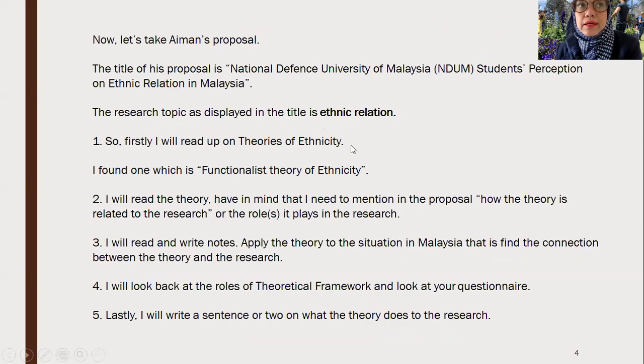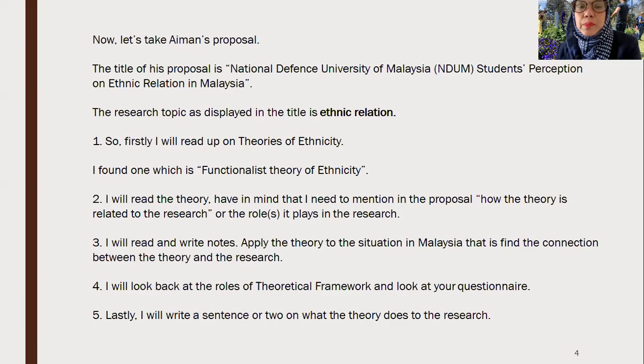I'm sure you want to see what I've just explained to you clearly. So I hope by giving you an example, it explains the usage and where the theoretical framework stands in your proposal. Okay. Now let's take Aiman's proposal, right?